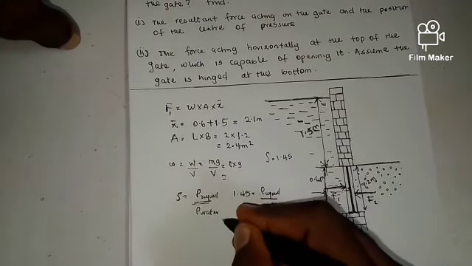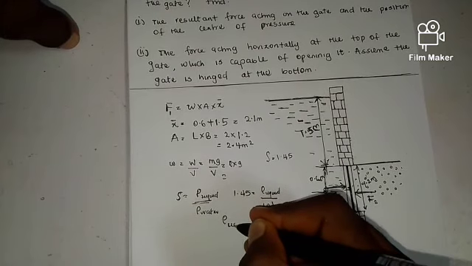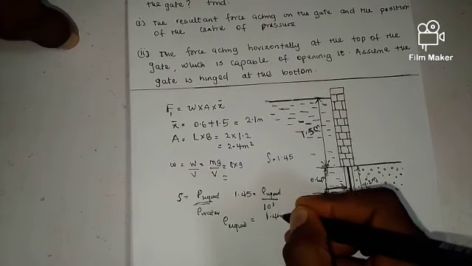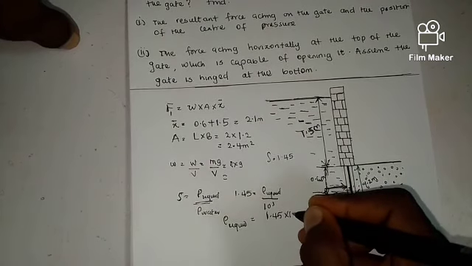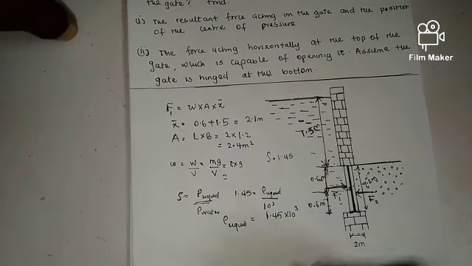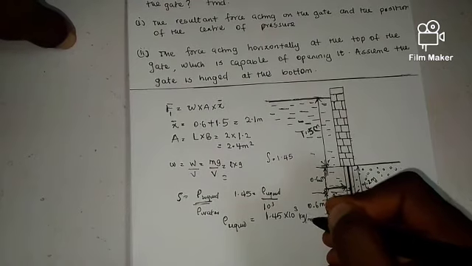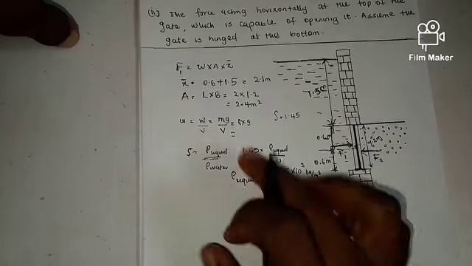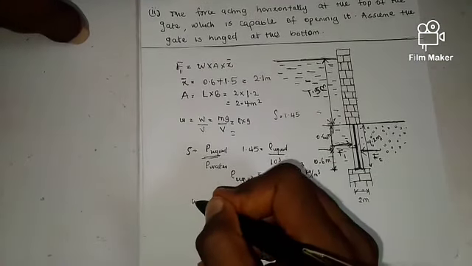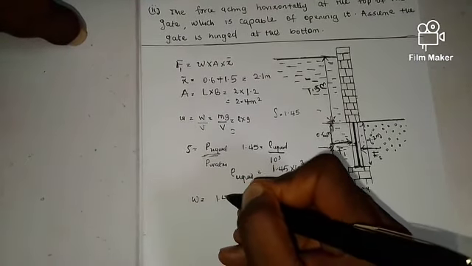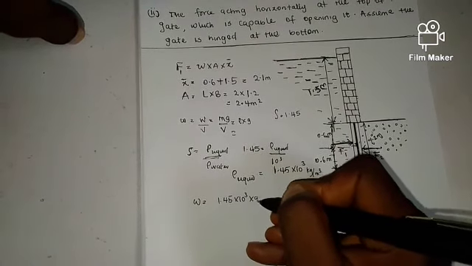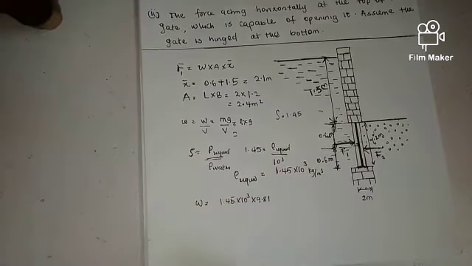So my density of the liquid is equal to 1.45 times 10 raised to power 3 kilogram per meter cube. So now I've gotten my density. Going back, my weight density is equal to 1.45 times 10 raised to power 3 times 9.81. So I've gotten all my parameters.